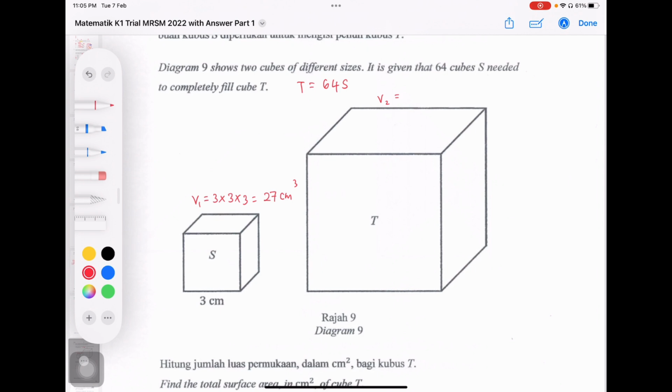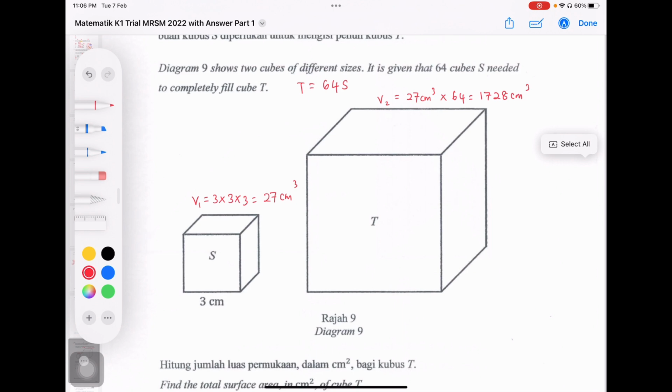How to find it? 27 times 64, and then you will get 1728. From that, you can calculate the length of the side for V2, and you get the answer for each side is equal to 12 cm.